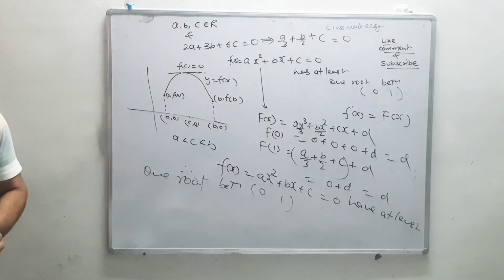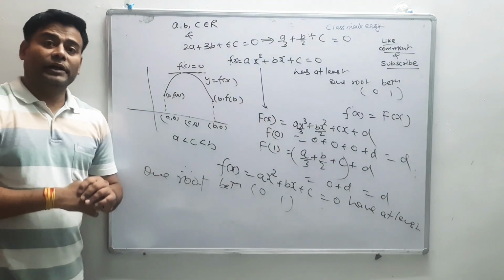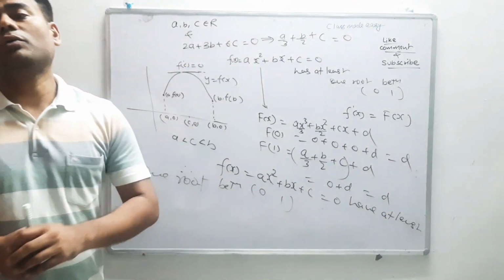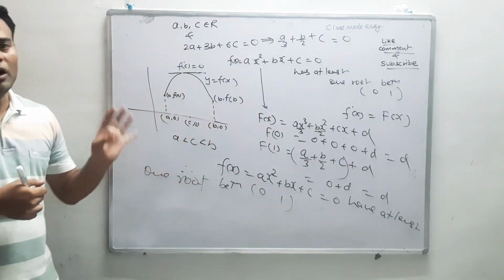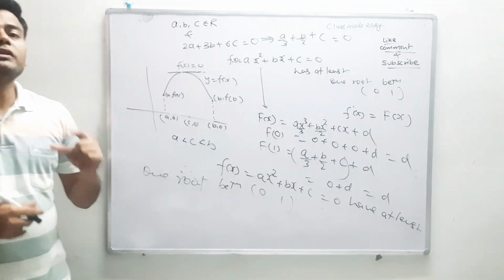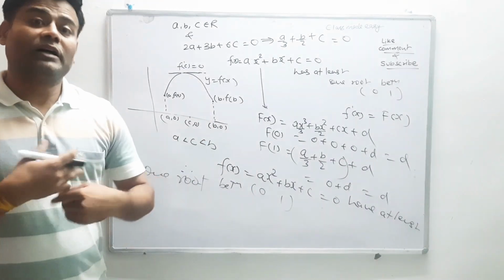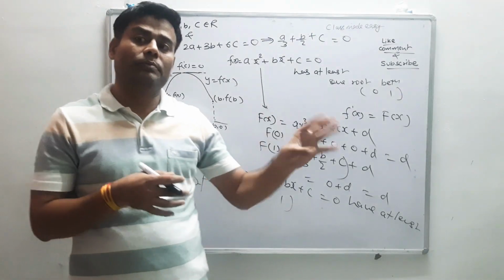So that is the converse of Rolle's theorem. That is most important in calculus, application of derivatives, and also in quadratic equations. Sometimes students forget this. They only know Rolle's theorem, but they do not apply Rolle's theorem conversely. The converse of Rolle's theorem is very important.